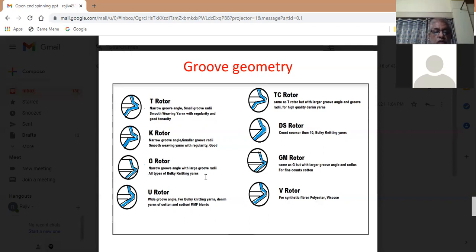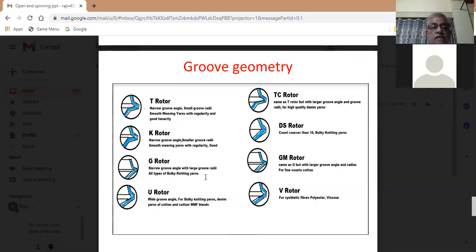So U rotor, we can say, is having wide groove angle. In addition to these, we have some other groove geometries also. That is TC rotor. It is an extension of T rotor. It is same as T rotor, but with large groove angle.